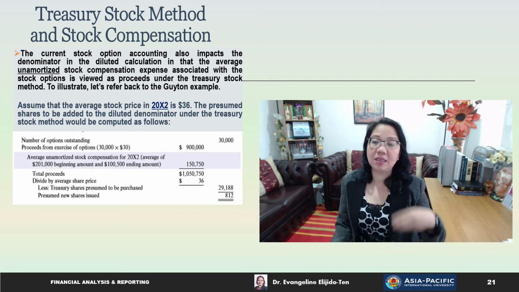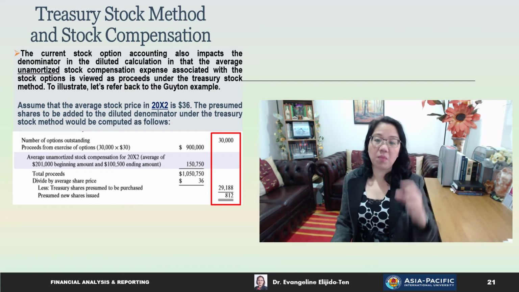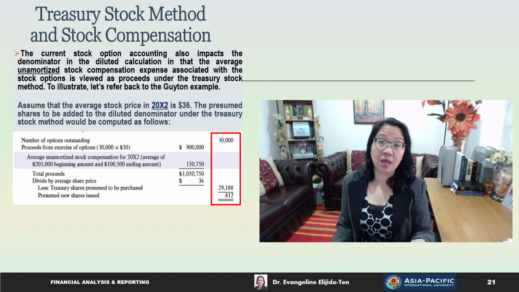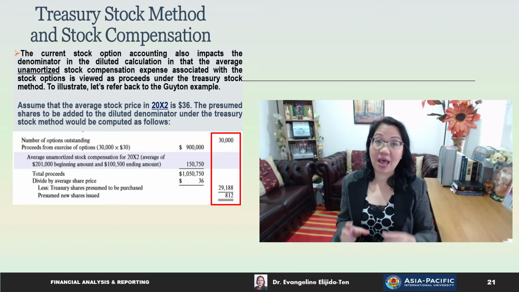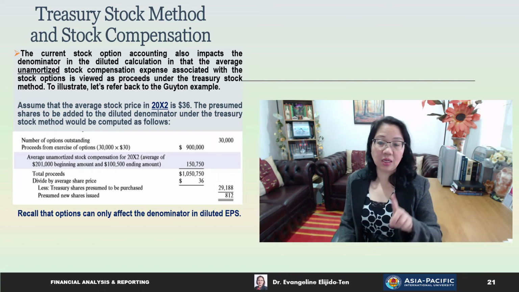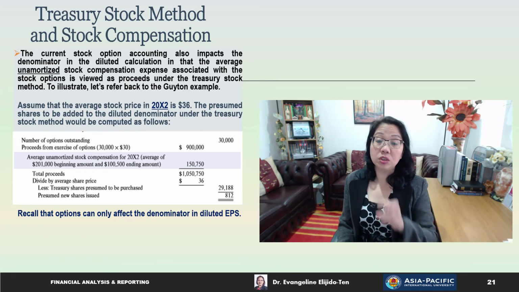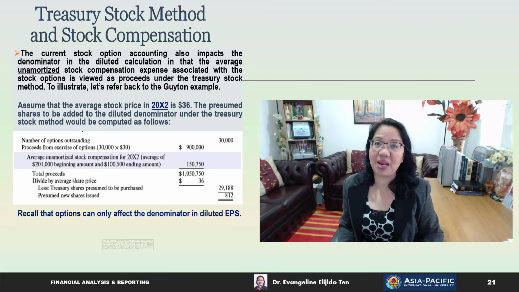So if we deduct this from the number of options outstanding, 30,000 minus the Treasury shares, 29,188, the presumed new shares issued will be 812. Recall that the options can only affect the denominator in diluted EPS. So this 812 will have to be added to the denominator.